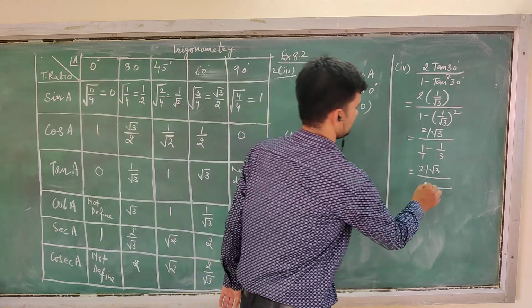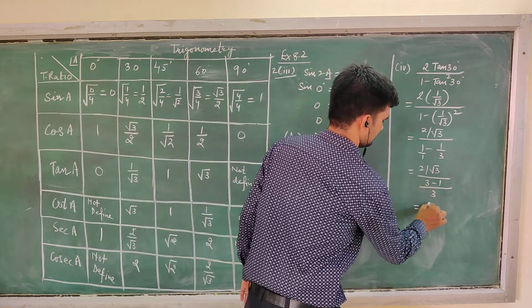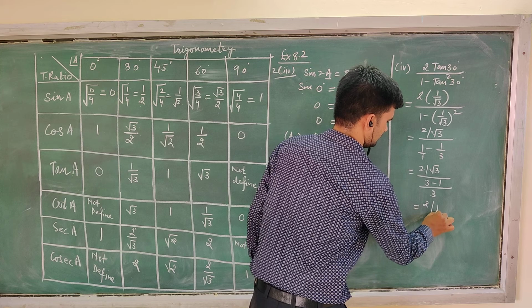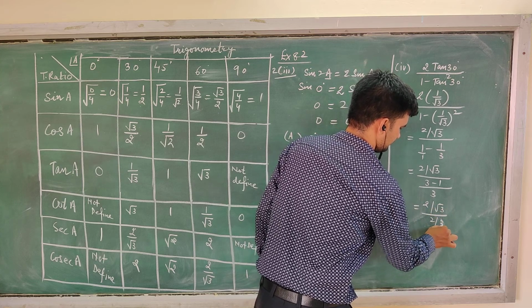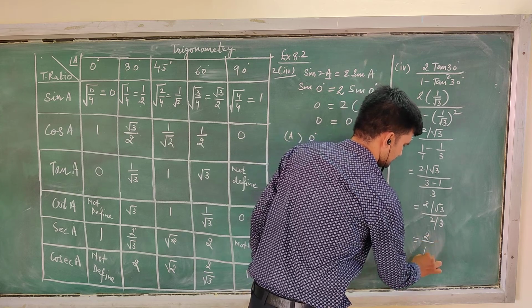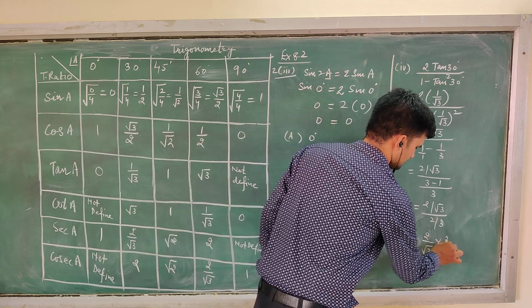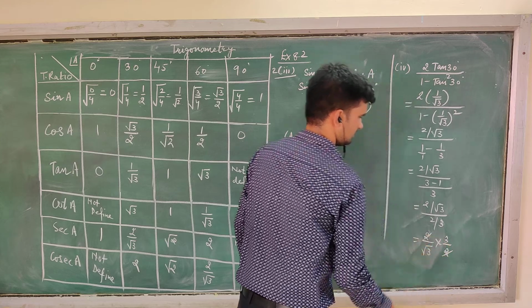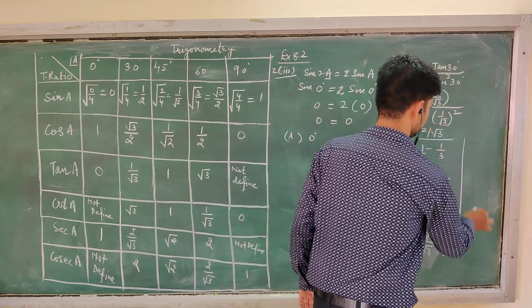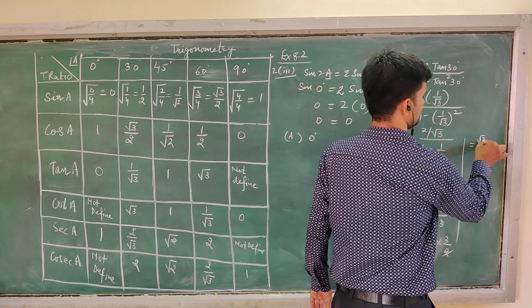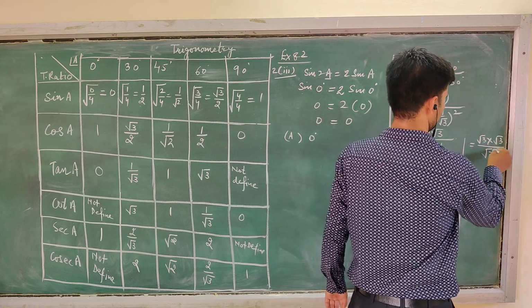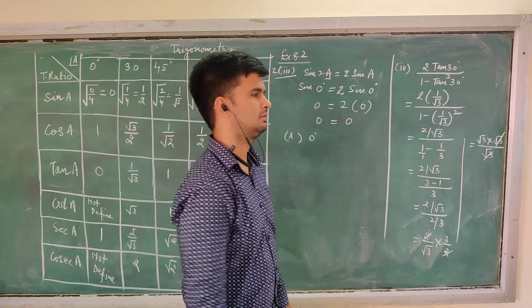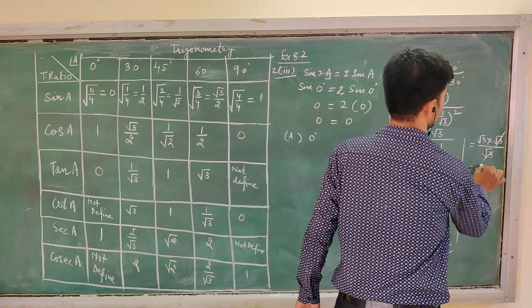So it will become 3 minus 1. 2 by root 3 upon 2 by 3. So it is 2 by root 3 into 3 by 2. 3 means I can write it as root 3 into root 3, upon root 3. So root 3 is your answer.